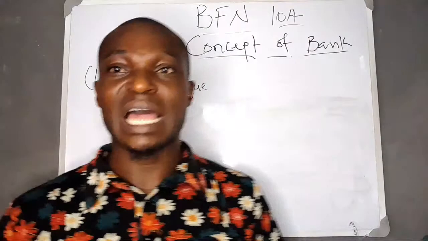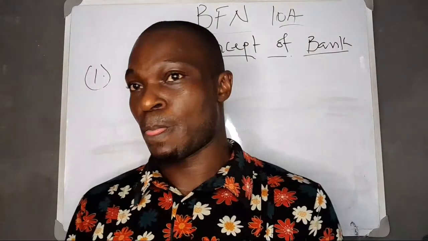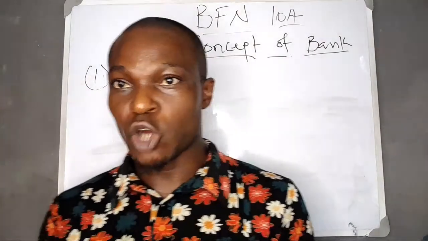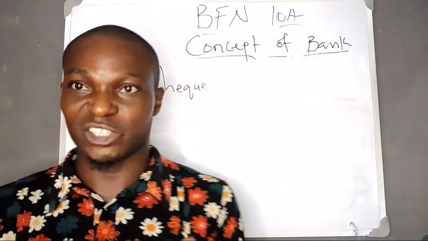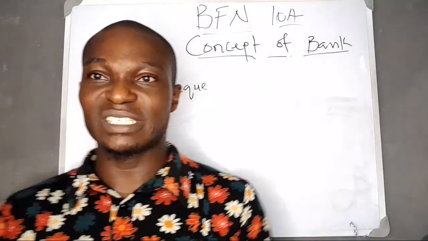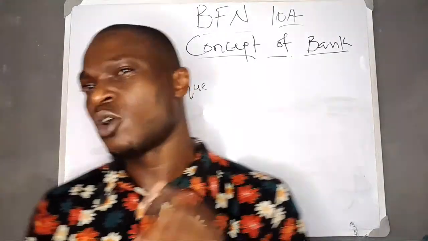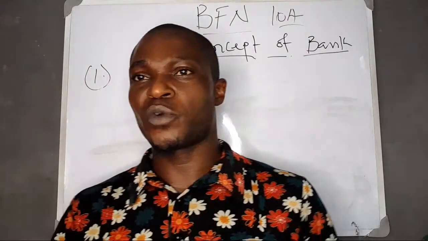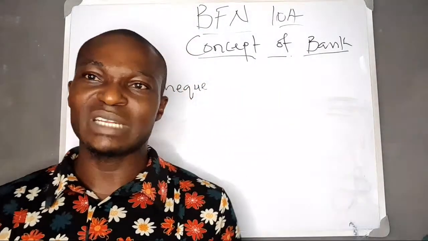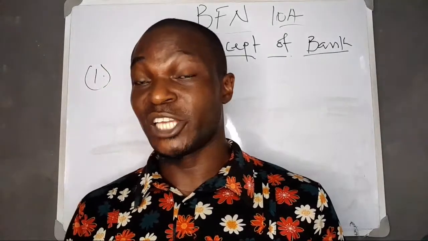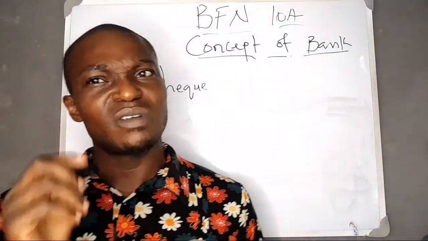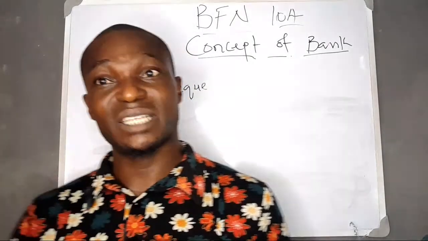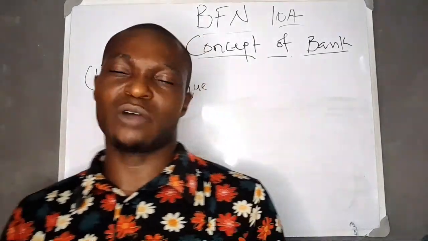Open check is a type of check that is withdrawable on the counter of the bank. It can be cashed on the counter, and we call this type of check open check. The only problem about this check is that it is very prone to fraud, because someone that can manipulate the signature of the drawer can easily access the check, manipulate the signature, present it to the bank, and cash out the money.